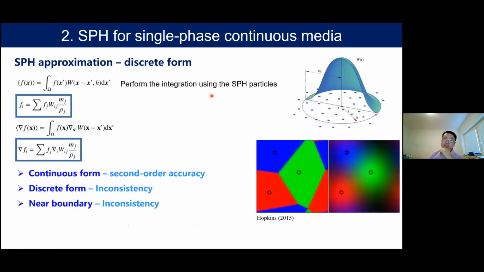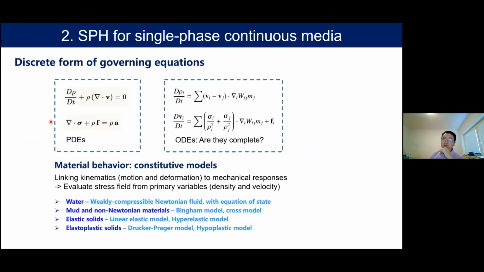You can see that here, this is a summation, and here we also write it in a summation. It is a little bit different, because we use a special method to restore the zeroth order consistency. And similarly, for this momentum conservation equation, we write it in this SPH discrete form.